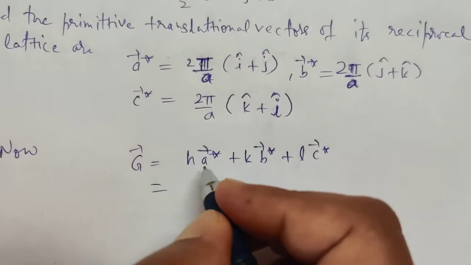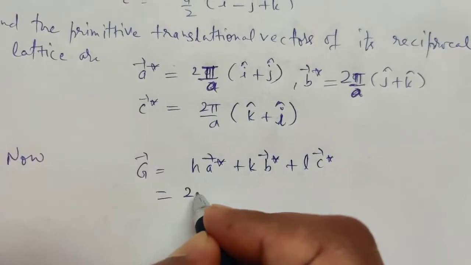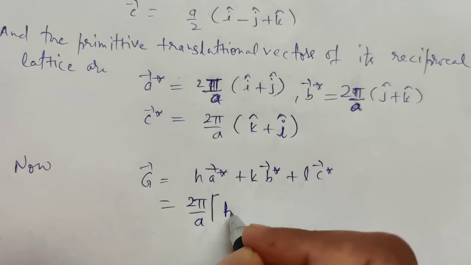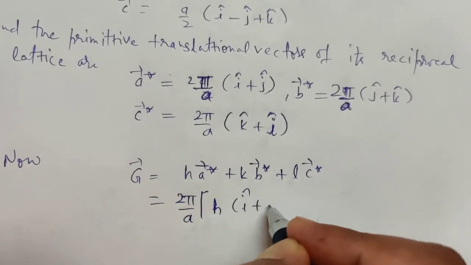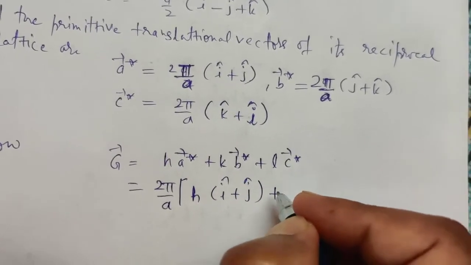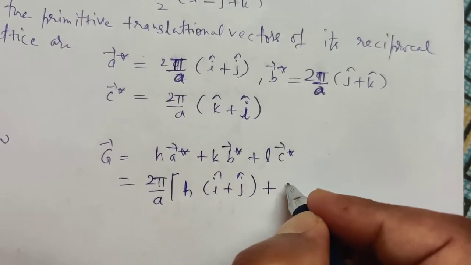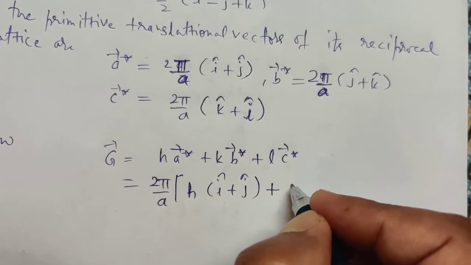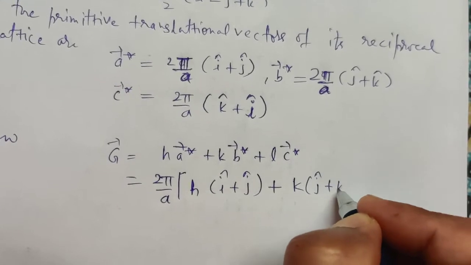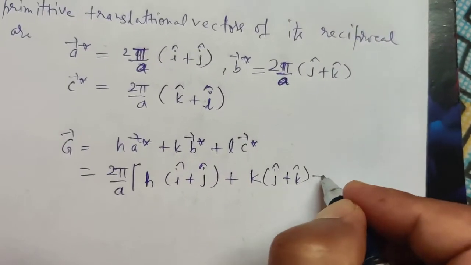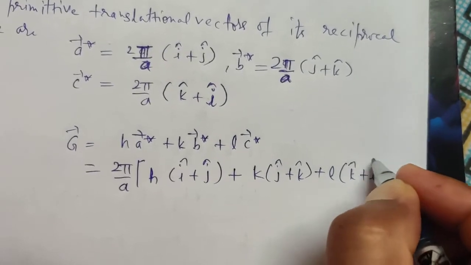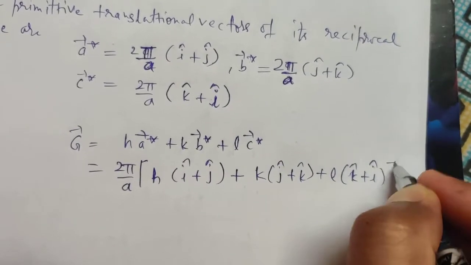Therefore 2 pi by A will be common. So therefore this will be H into (J plus K), plus K into (K plus I), plus L into (I plus J).